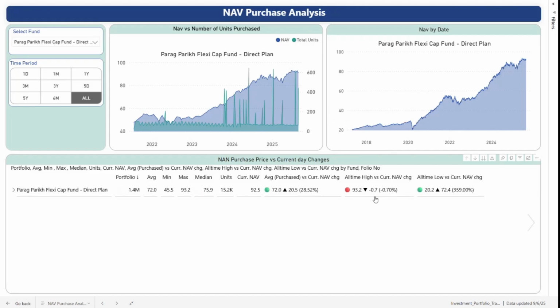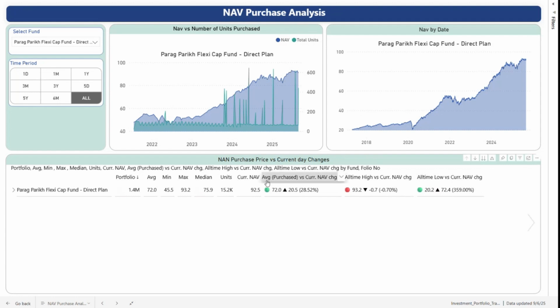So if I invest a lump sum now, I'm not getting a cheap NAV; it is more or less the all-time high NAV I purchased at. Similarly, there is the all-time low NAV versus the current NAV.